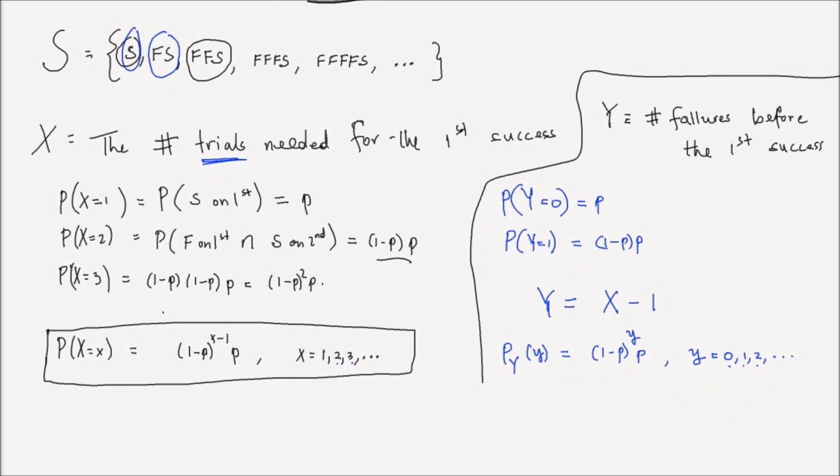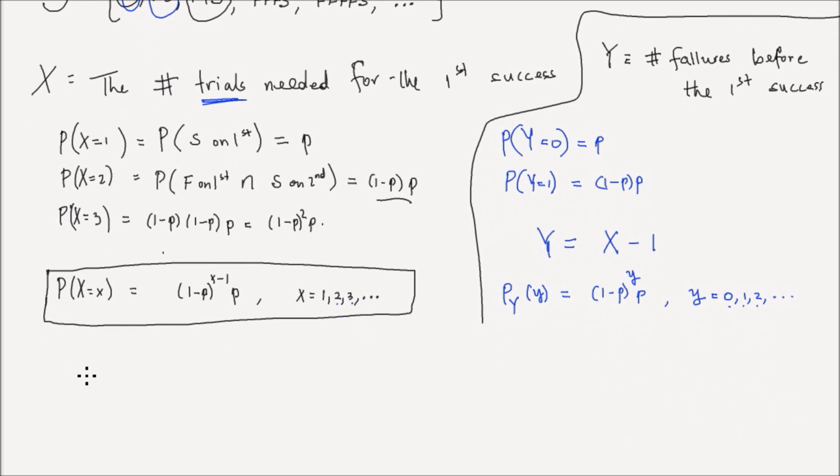Now, for the rest of this lesson, I'm going to use the definition of x as the number of trials needed for the first success and find the CDF, F of x, to be 1 minus p to the power of x. I'm also going to find the expected value of x, and that is 1 divided by p.